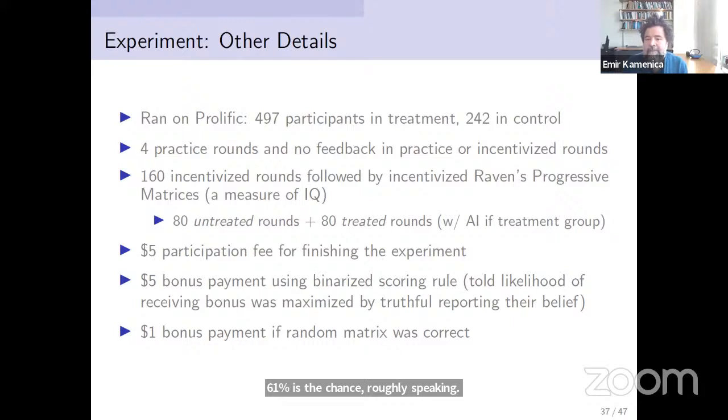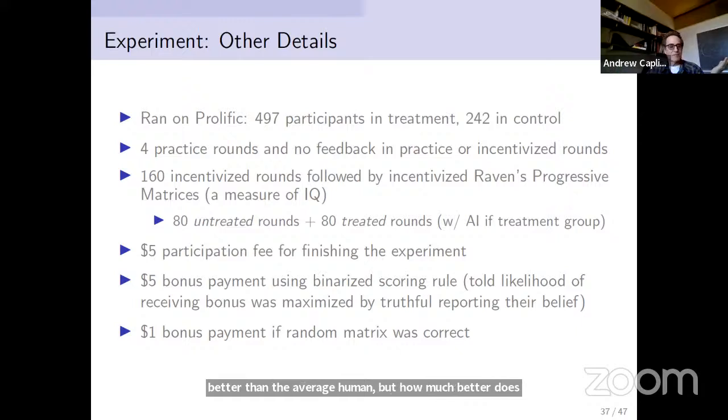It seems like I would learn a lot. If you asked me to do this, I would really want to know not just that it's better than the average human, but how much better does it perform than the average human? What percentile of humans performs it?